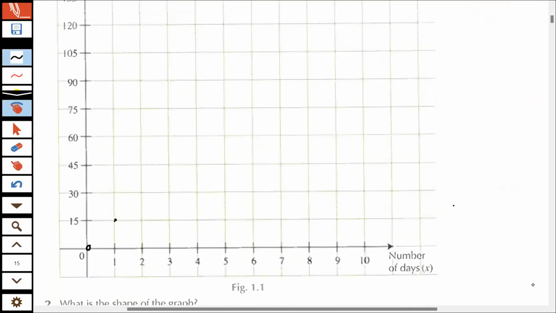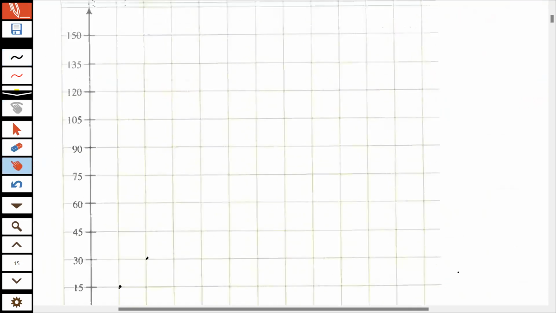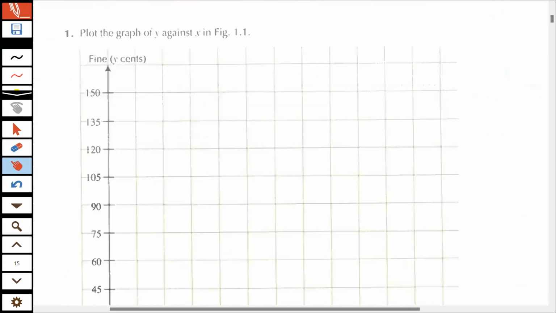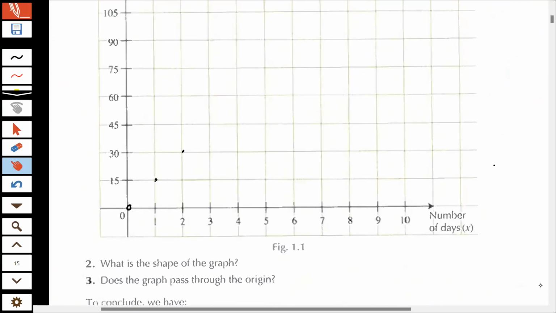When x equals to 3, y equals to 45. When x equals to 4, y equals to 60.